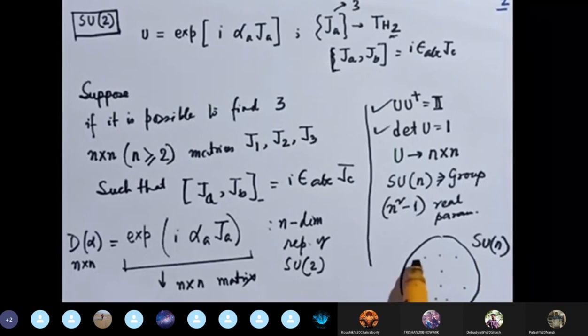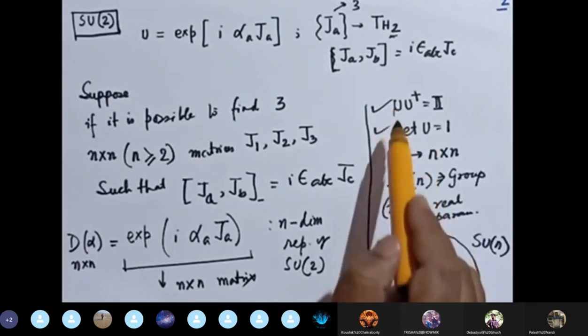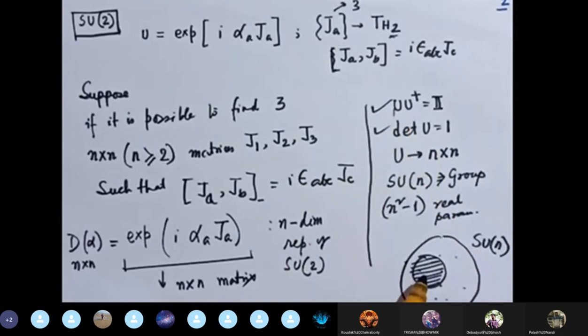But this group has a subgroup whose elements are n cross n matrices and must satisfy this too. Suppose they can be expressed in this way, where JAs satisfy this relation.